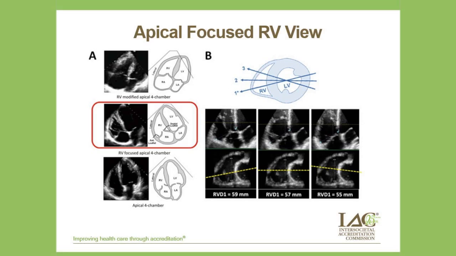And you can see below the difference a normal apical 4-chamber makes with that. So the focused view actually helps us image the right ventricle better and assess the function there as well.